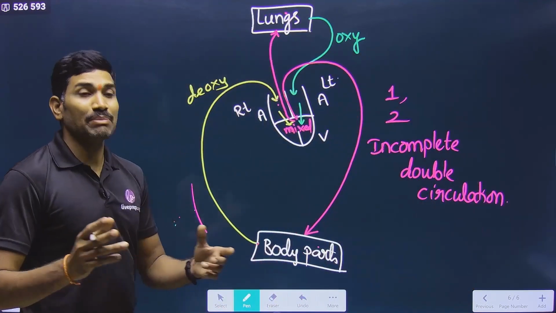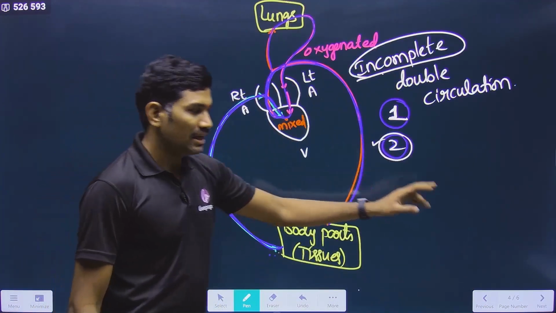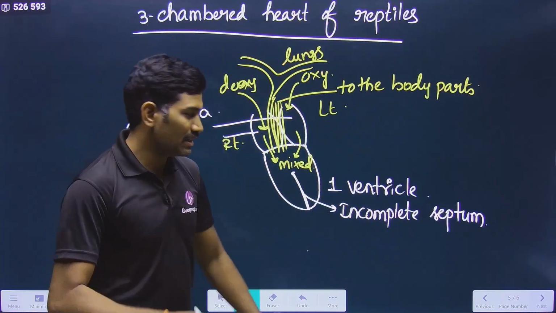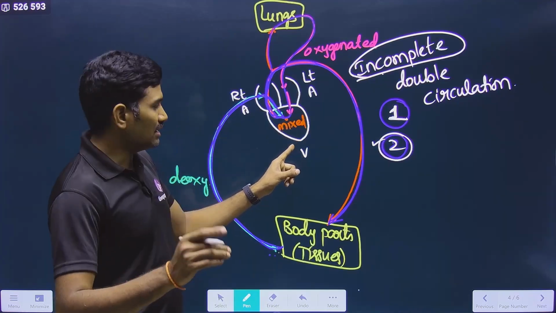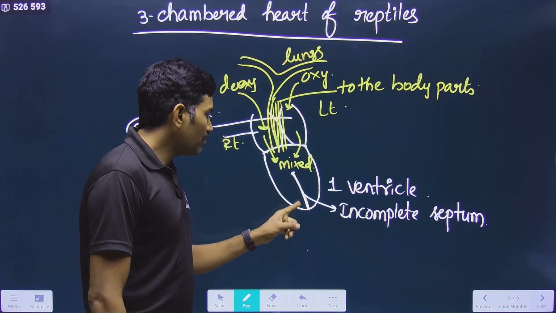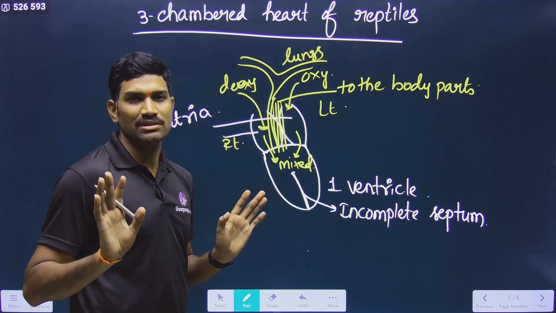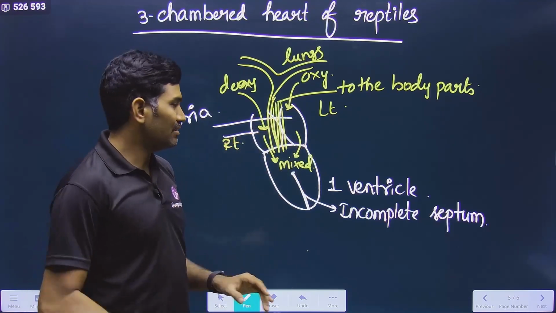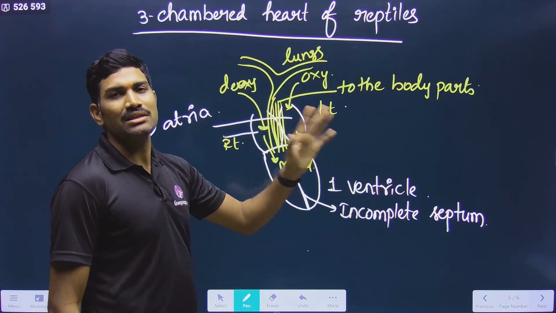Why are we drawing a separate diagram for amphibians and for reptiles? Overall, the ventricle is single here and single here, but an incompletely developed septum is present, so I have drawn one more diagram. The details are slightly different, but overall we are observing incomplete double circulation here also.